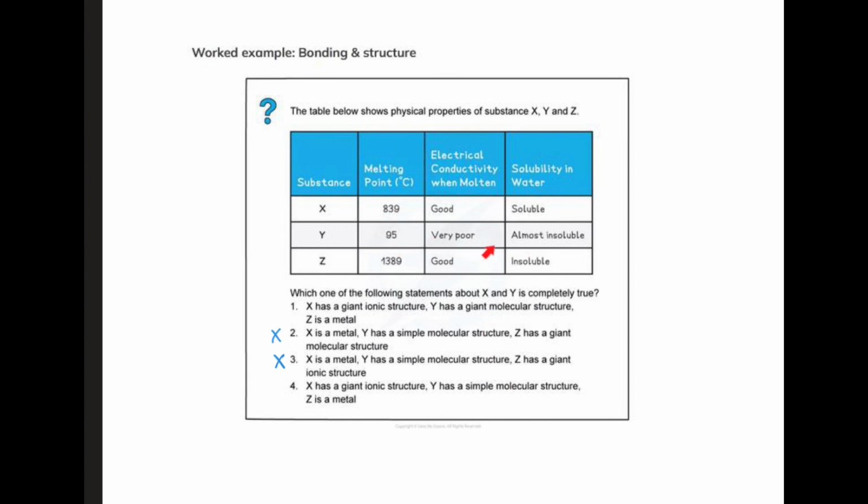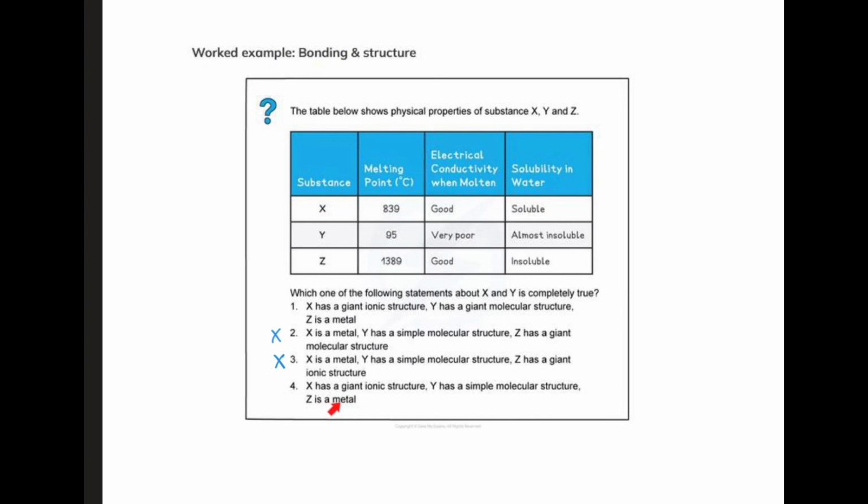I thought it was simple because the melting point is very low, but I'm not too sure. Yes, so it is correct. It is a simple molecule because it has a low melting point, and it's simple covalent. Simple covalent is normally insoluble. Okay, so this is correct.